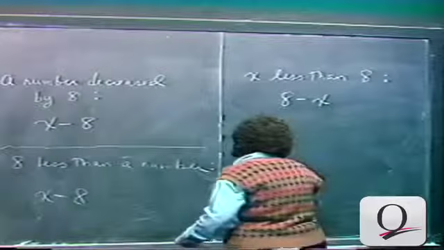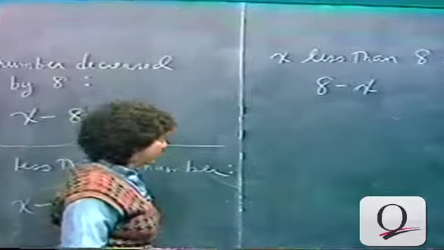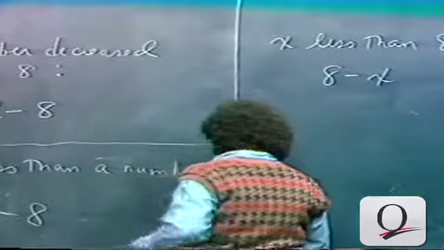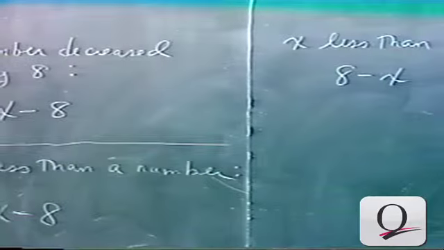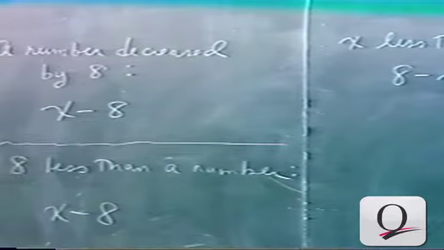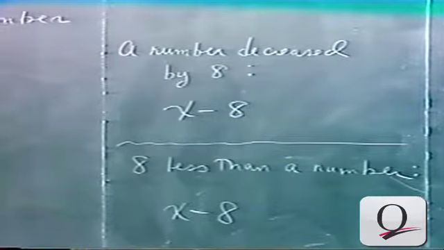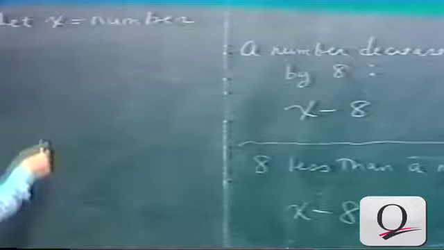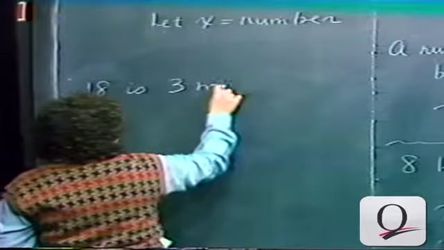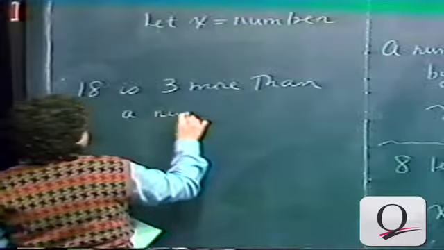Very often, an English sentence translates into an algebraic equation in which there is an equal sign. Let's try one of those. "18 is 3 more than a number."